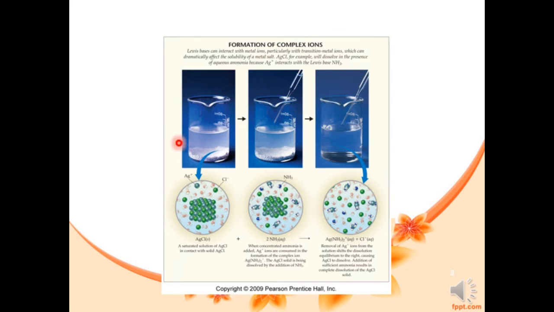Silver chloride dissolves only sparingly. What happens when we add ammonia? It complexes with the silver and drives the reaction to the right, forming more silver ion. Therefore, more of the silver chloride salt will dissolve, and at one point it dissolves completely.